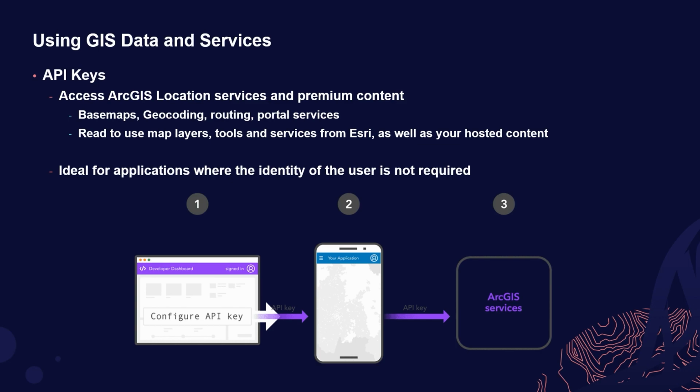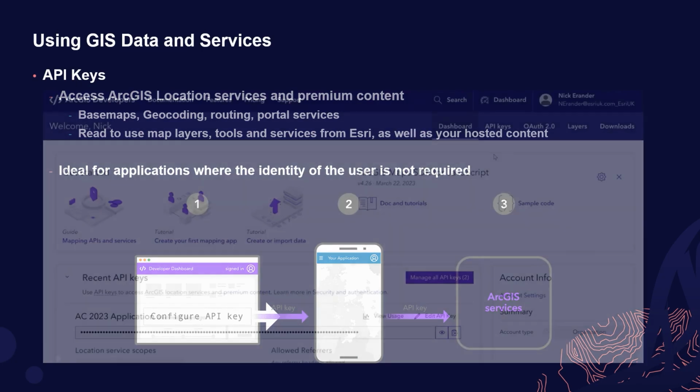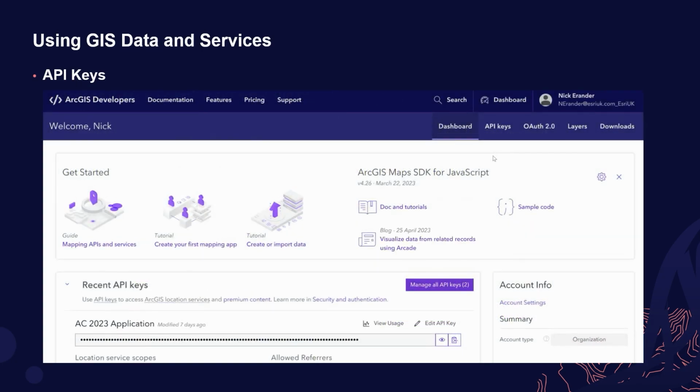API keys are most appropriate for when you need to secure your content, but your app can anonymously use ArcGIS services. That is to say, the ArcGIS services being used will trust your application, but will not care who in your application is using it. API keys are generated on the ArcGIS developers website.